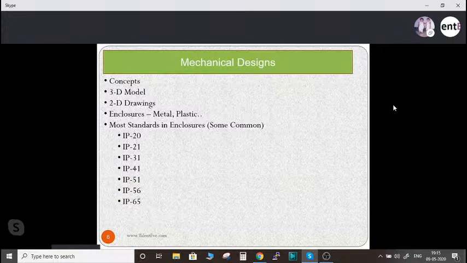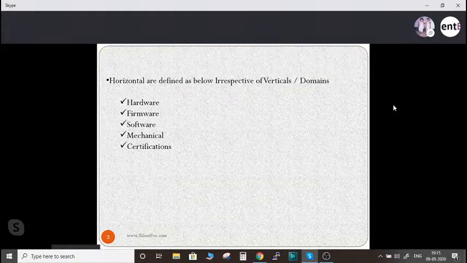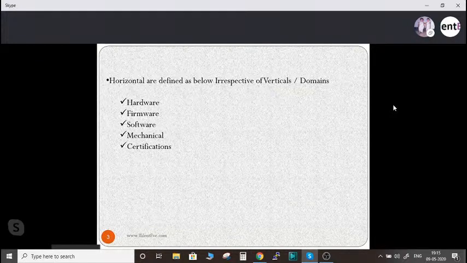If you do all this, one thing I can definitely ensure is your horizontals will be very good, as I told you in my earlier slide number 3, where you are able to achieve your horizontals perfectly. Once your horizontals are perfect, you may say, sir, in automotive you may use only 4-layer or 6-layer PCBs, in industrial only 2 to 4 layers, and in scientific instruments you may use 10 or 20 layers.